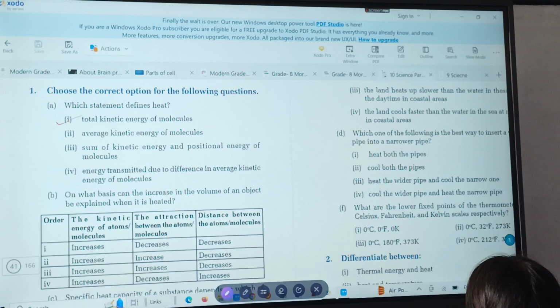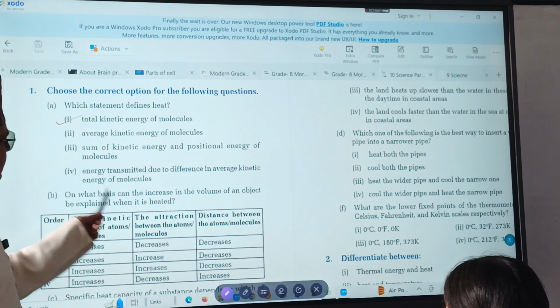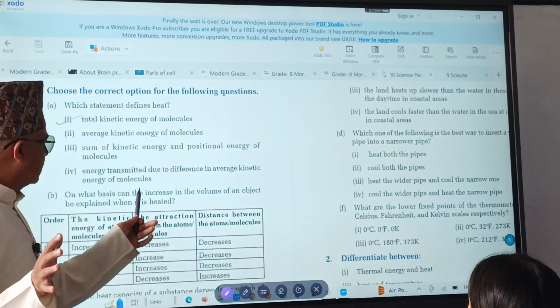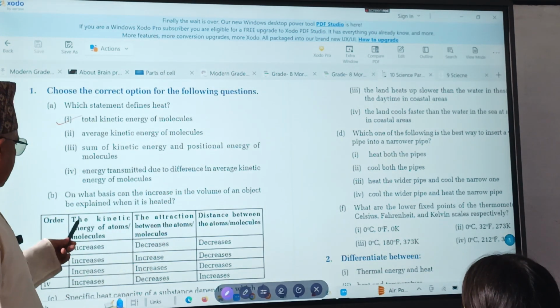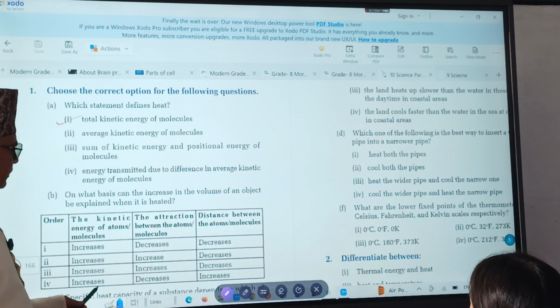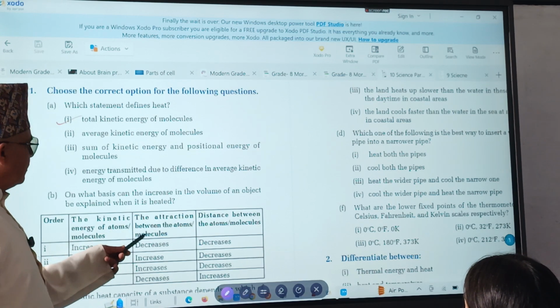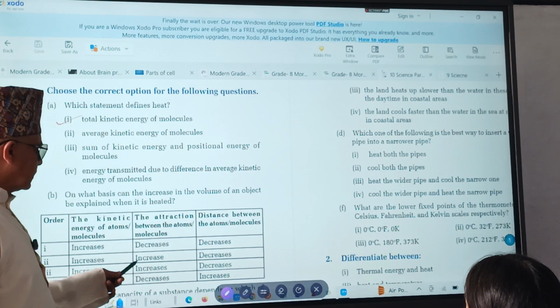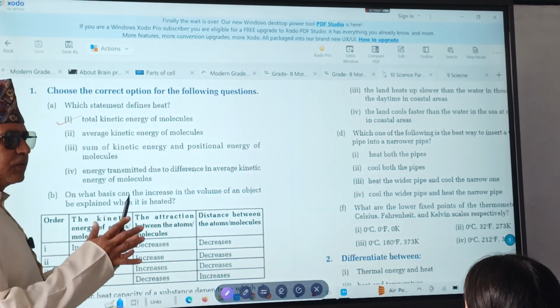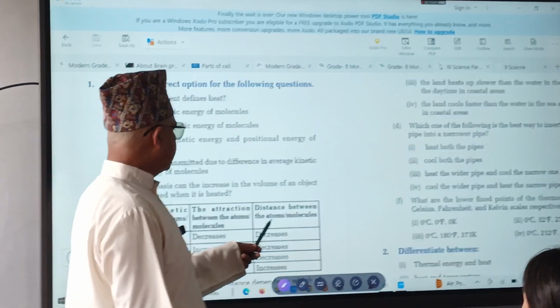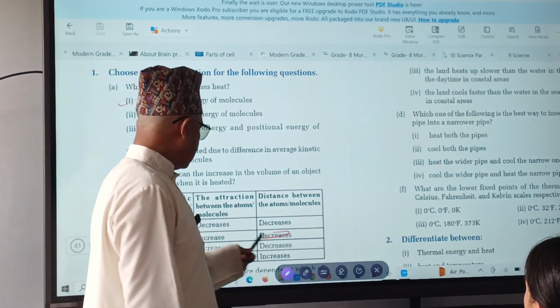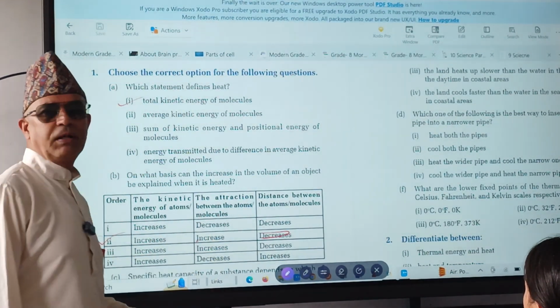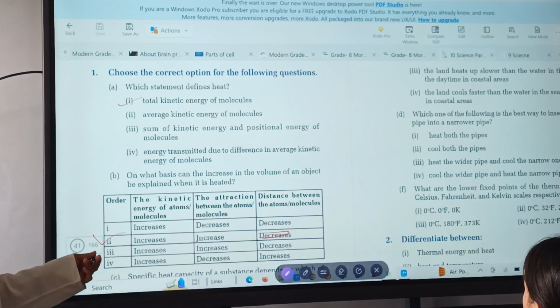Which one is correct? First, second, third, fourth.